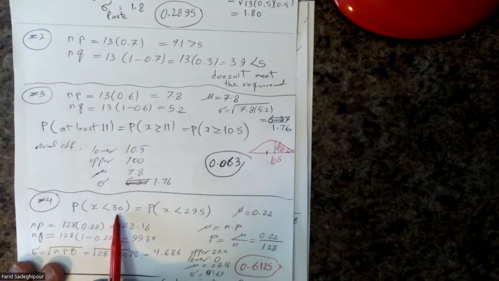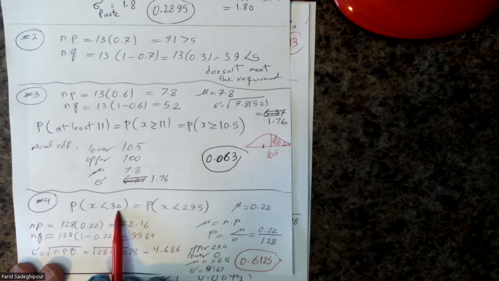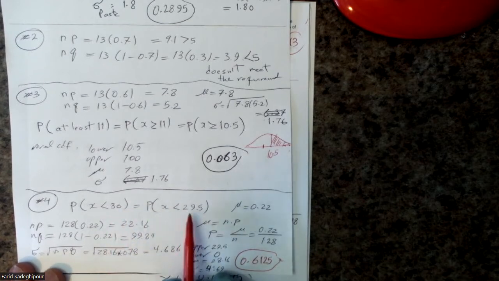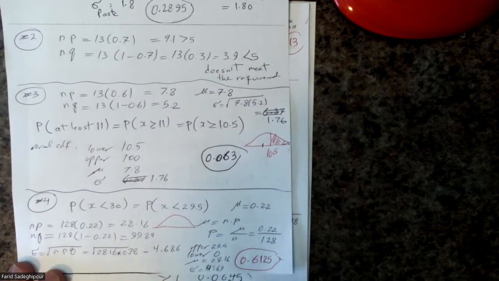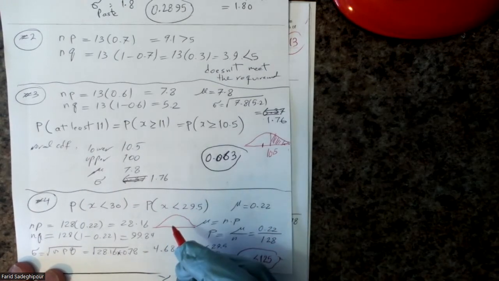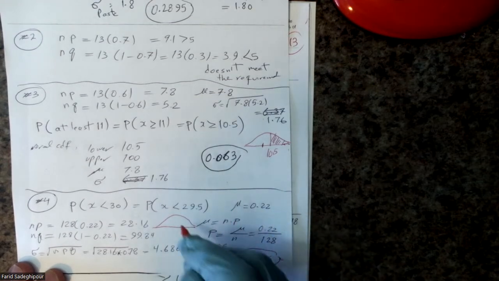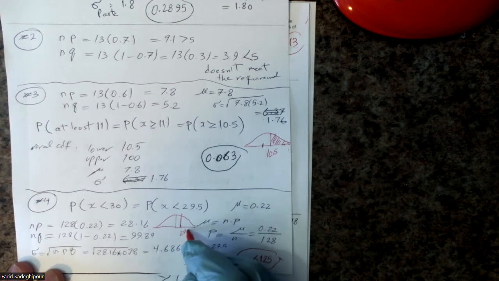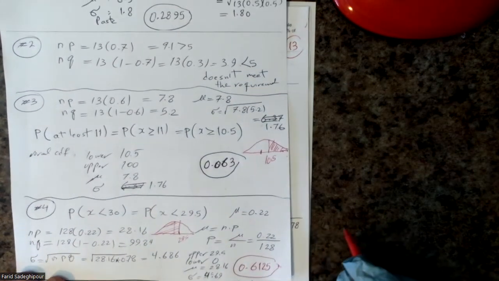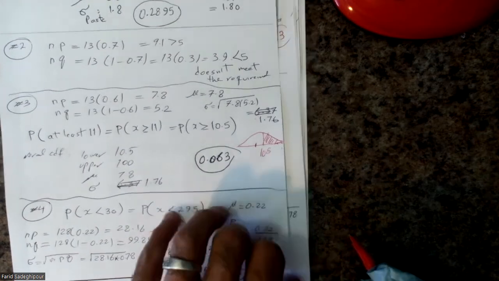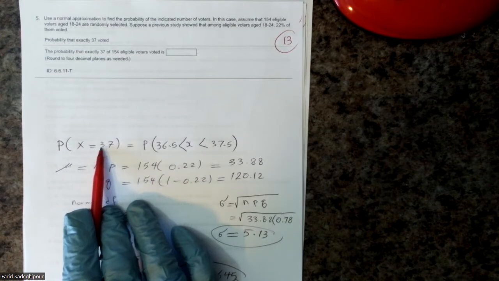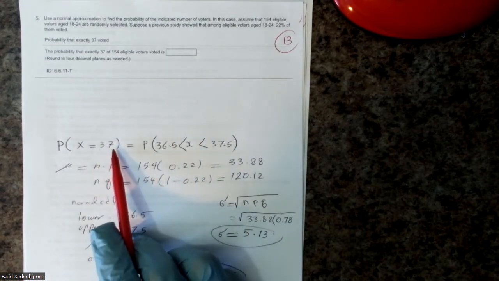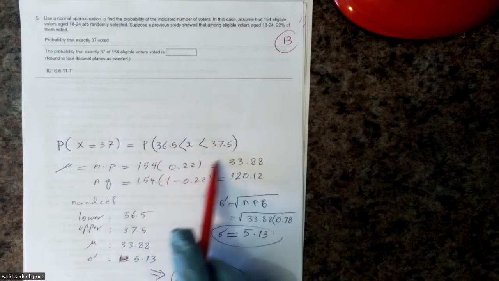X is less than 30. That means 30 is not included. So we subtract 0.5 from that. So we start from 29.5 and less. X is exactly 37. When it's exactly 37, you have to add 0.5 and subtract 0.5. So in that case, you are creating a stripe here.